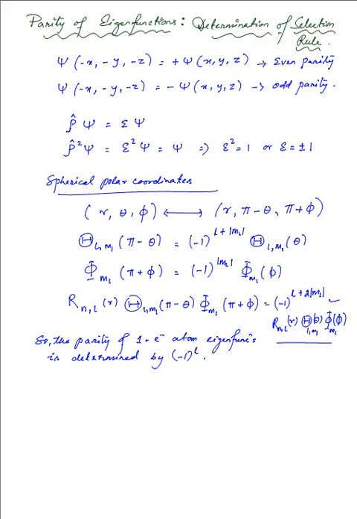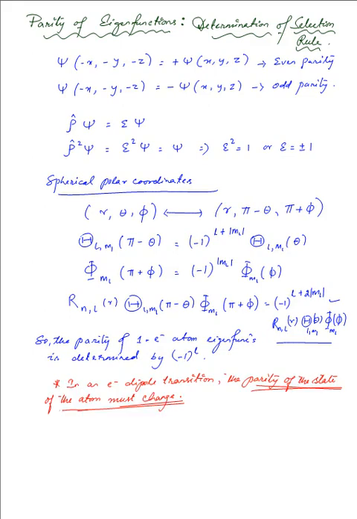Now as far as the selection rules are concerned, we will consider a phenomenon where in an electric dipole transition the parity of the state of the atom must change, and from this we will be led to the selection rules.